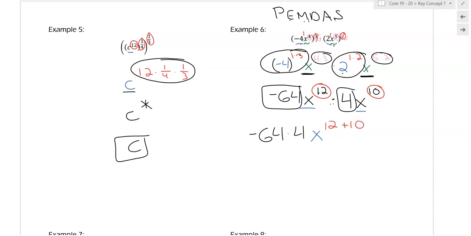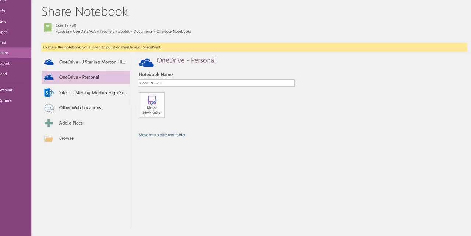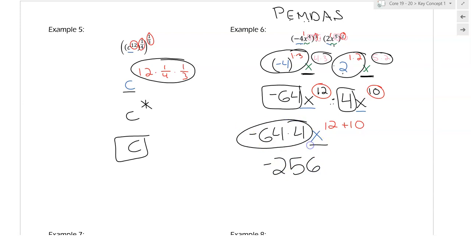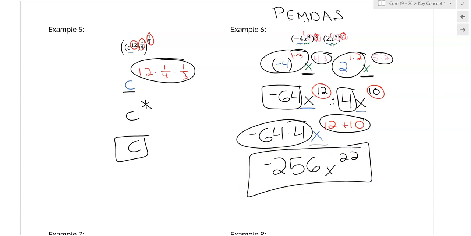Again, that's going back to 1A.3. I would expect you to use a calculator for negative 64 times 4, but your answer is negative 256. This is a variable, and 12 plus 10 is 22. And that is our answer.